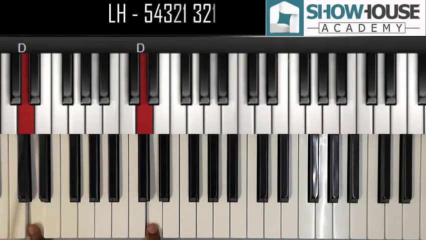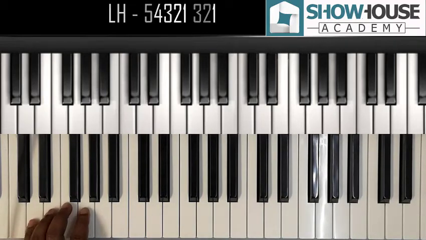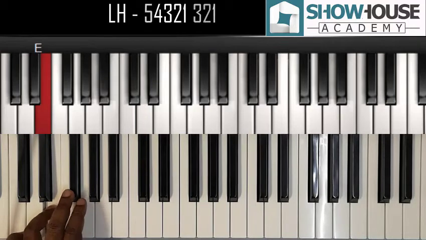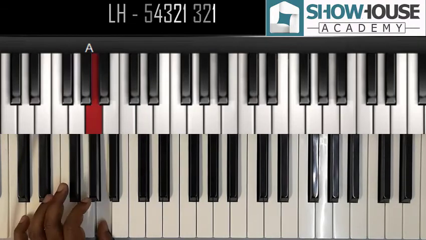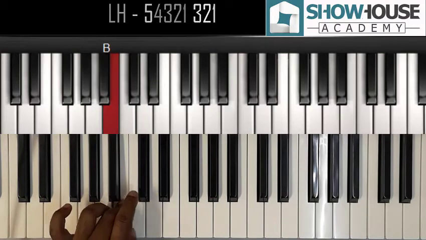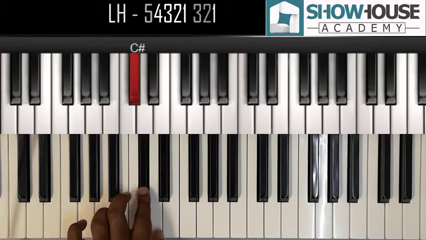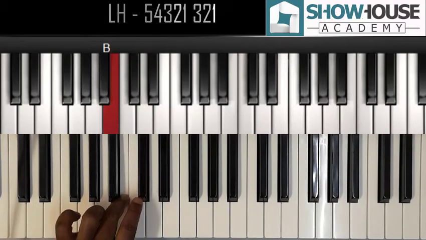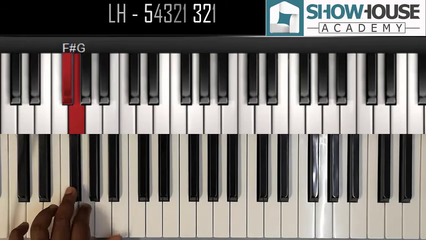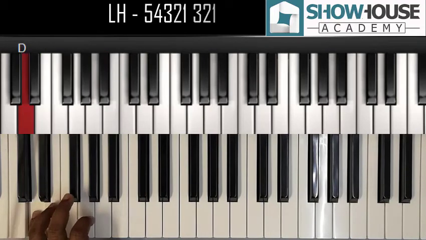We start from D to D using the correct fingering: 5 4 3 2 1 3 2 1, 1 2 3 1 2 3 4 5.